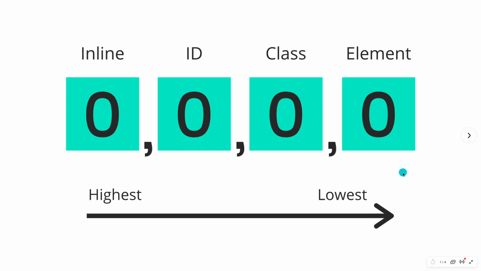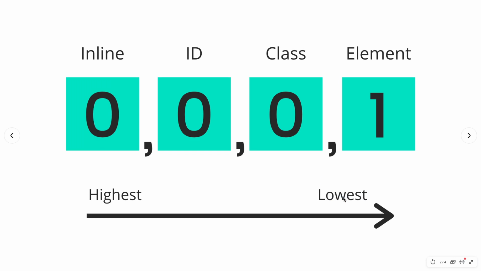Okay, so here I have this image which demonstrates the main common selector types of element, class and ID selectors, and also inline styles, ordered from the highest to the lowest specificity. Inline styles are those which we include inside the opening tags of HTML elements, and we see that in order, type or element selectors are the least specific.